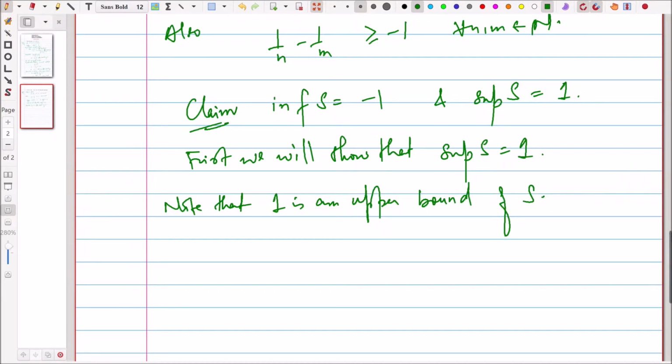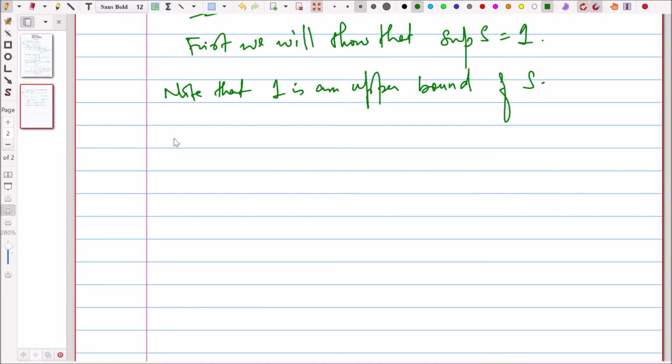Next we will show that if we take any arbitrary epsilon, then 1 minus epsilon is not an upper bound of S. So let epsilon greater than 0 be any real number. So we will show that 1 minus epsilon is not an upper bound of S. For that, again we will use the Archimedean property.